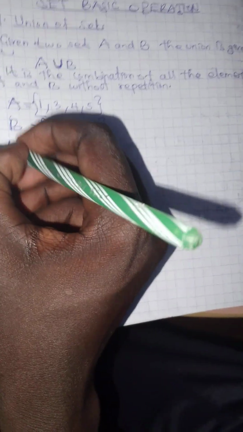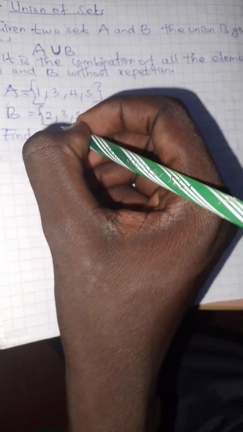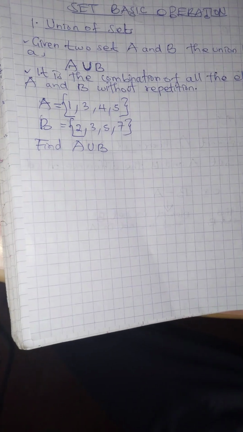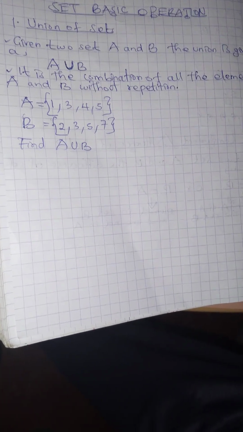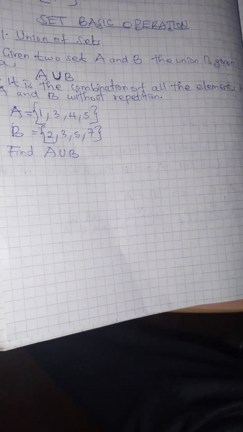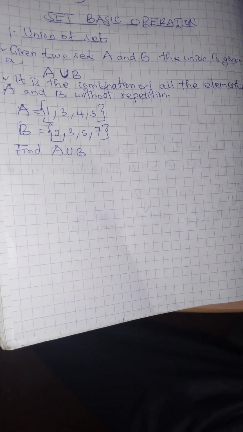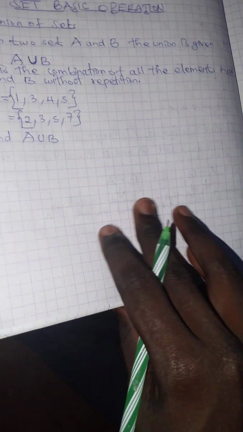Find A union B. From our definition of a union of a set, it is the combination of all the elements in A and B without repetition.